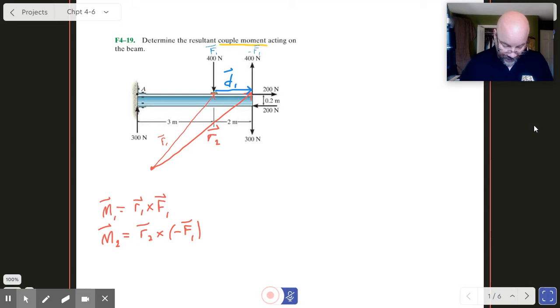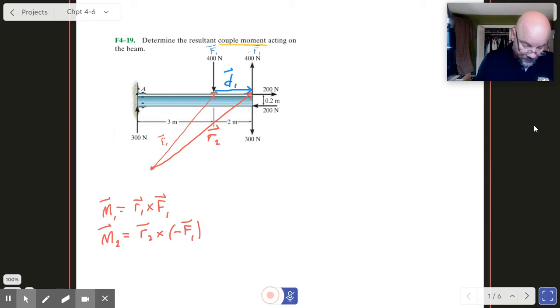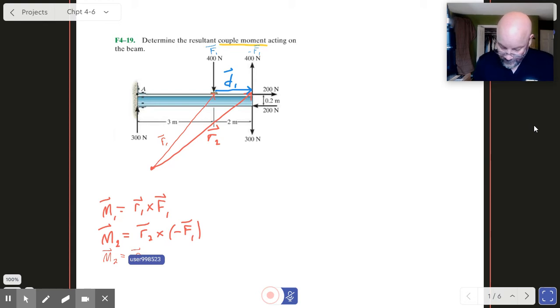So let's do a little bit of algebra. M2 is R2, but R2 is R1 plus D1, and all that is crossed with minus F1.